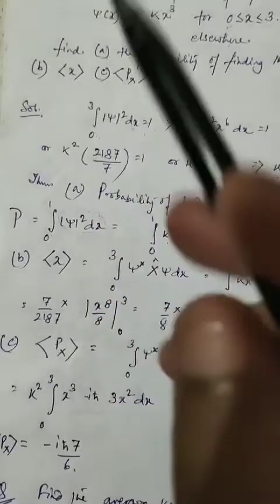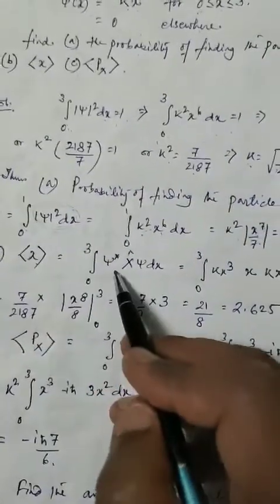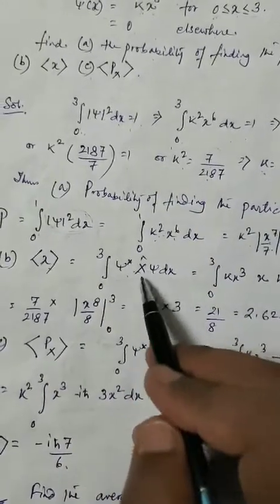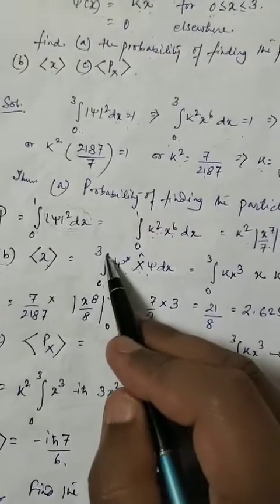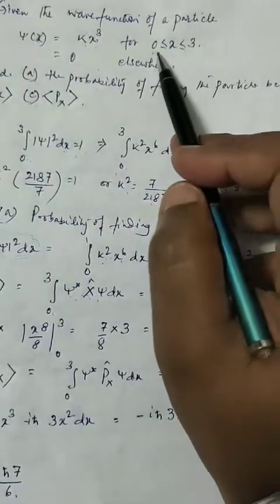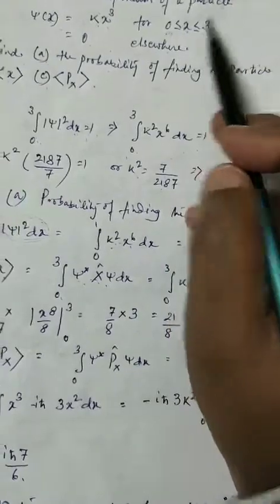Next, expectation value of x. We know the expectation of any observable in quantum mechanics is given by this. The operator, that is x cap, must be sandwiched between psi star and psi and must be integrated within proper limits. Here the limits will be from 0 to 3, since the particle is in the region where x is between 0 and 3.